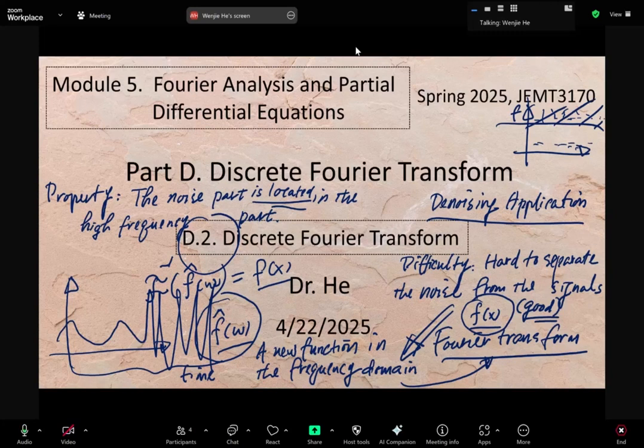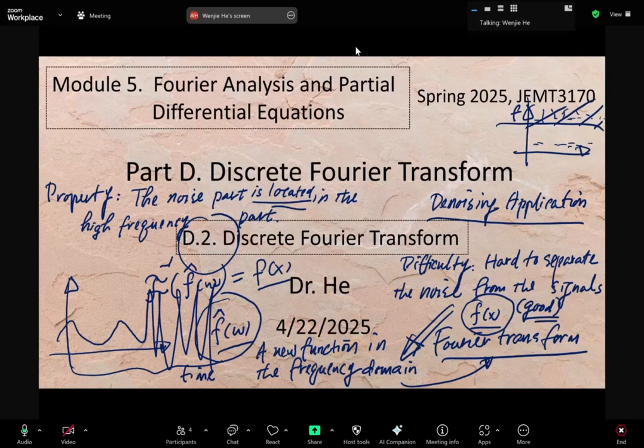But when you cut off the high frequency part, you may cut off a little of the good signal, because the high frequency part also contains part of the good signal content. So you have some loss in the good signal, but the noise is reduced significantly.